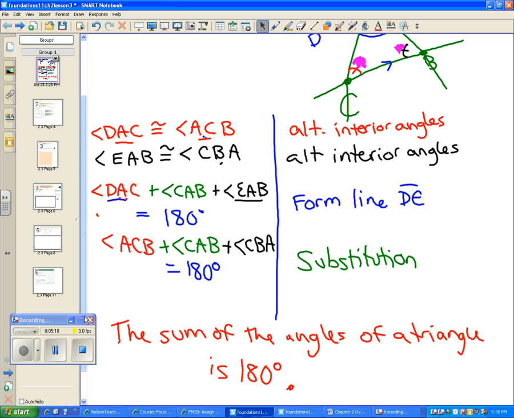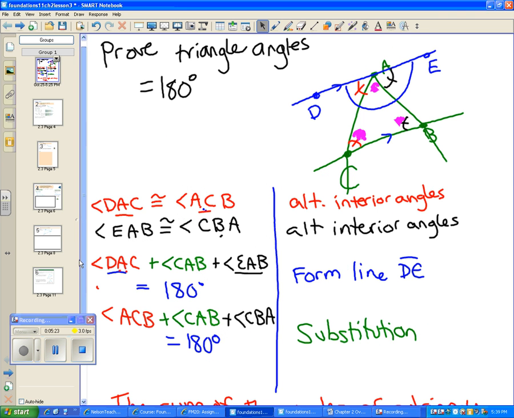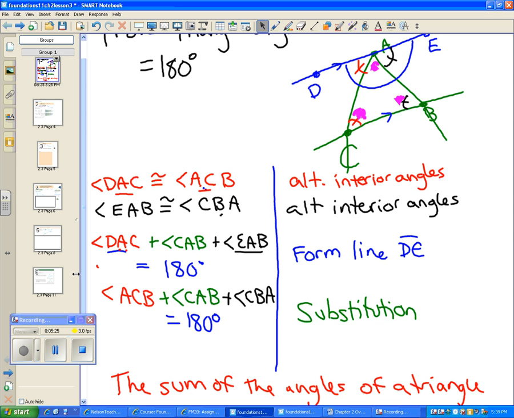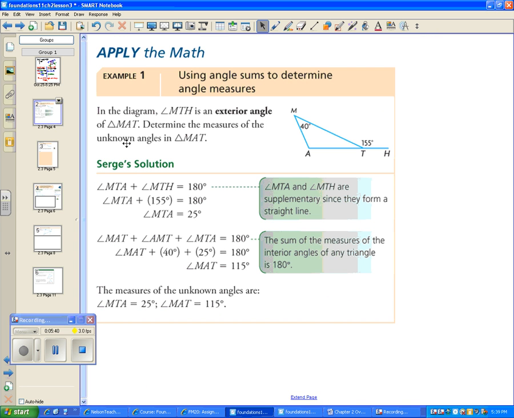I have proven that the sum of these angles is 180. Now that I've proved this, we can use this fact from now on. Since we have proven it, every problem we come to, we can use this fact to solve it. And we're going to look at a problem right now where someone used this fact.